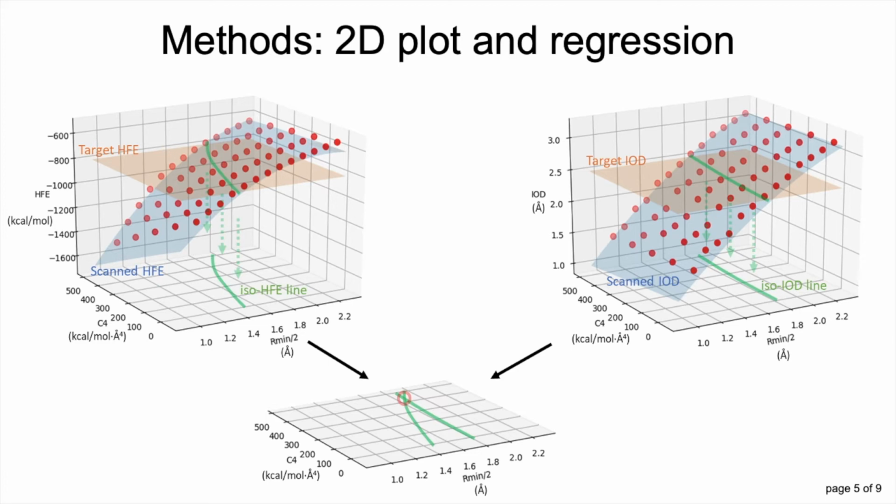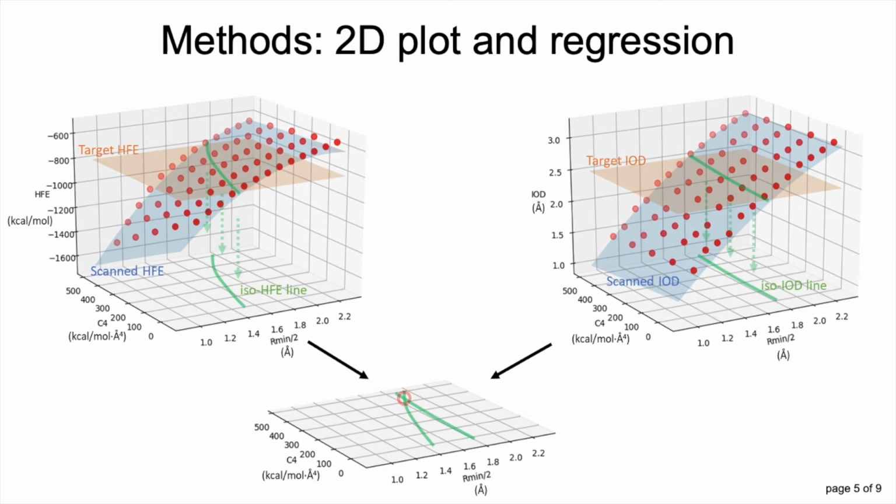So we generated two surfaces, and those two blue surfaces will cross over with the experimental value surface, which is basically a horizontal plane, and those crossovers will generate an iso-HFE line or an iso-IOD line.